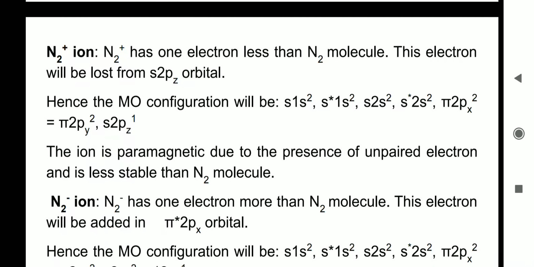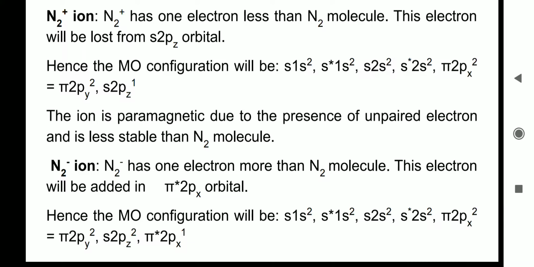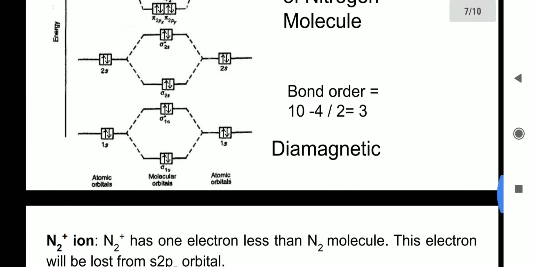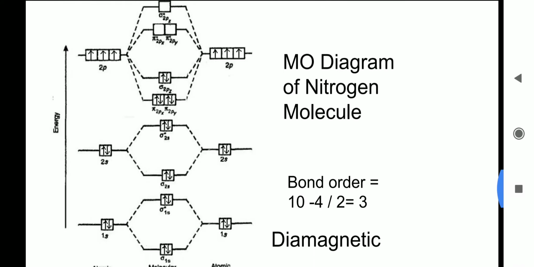Now, in order to predict the bond order and magnetic behavior of the ions of nitrogen, we will see the nitrogen 2 plus ion. Nitrogen 2 plus ion means a 13 electron system. Why? Because this N2 plus ion is formed by the loss of one electron from the nitrogen molecule, which has 14 electrons, and this one electron will be lost from the highest occupied molecular orbital, that is the HOMO, of this molecule.